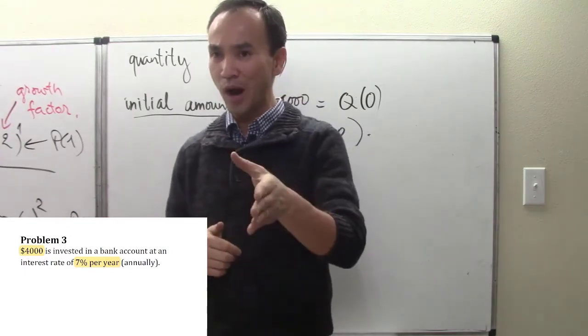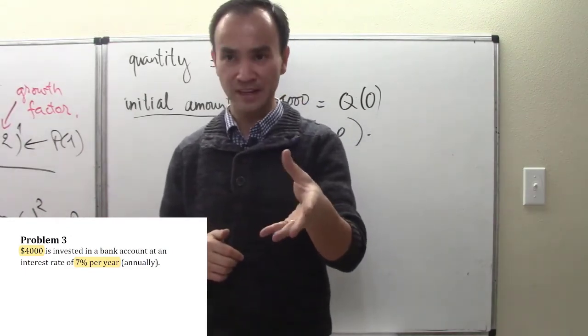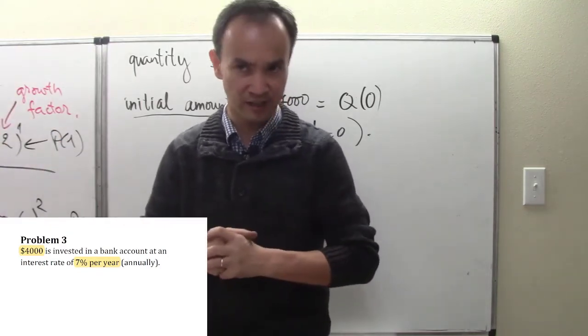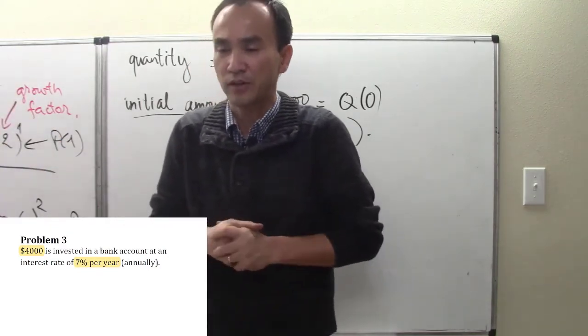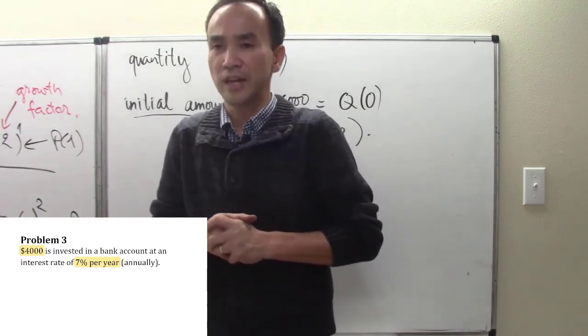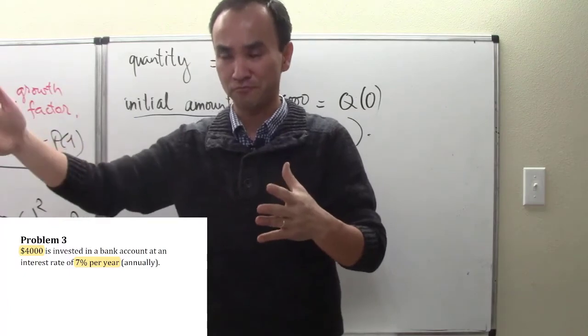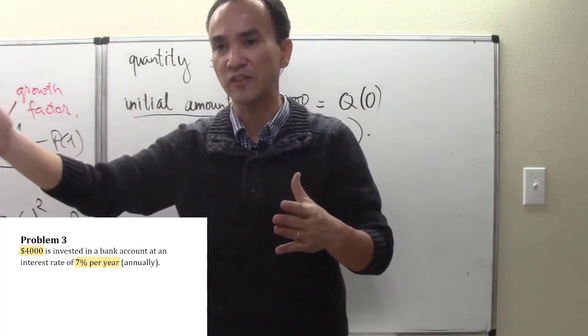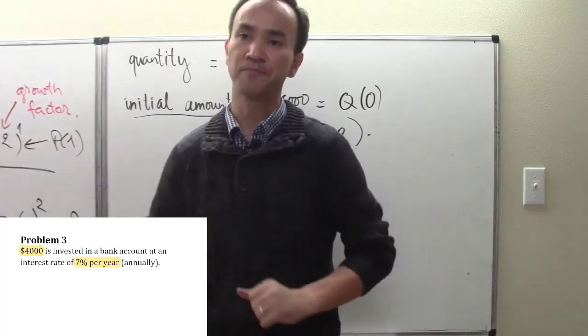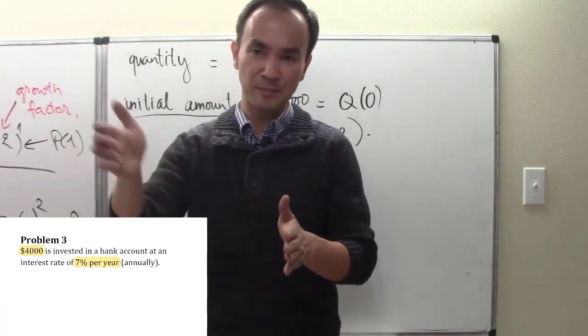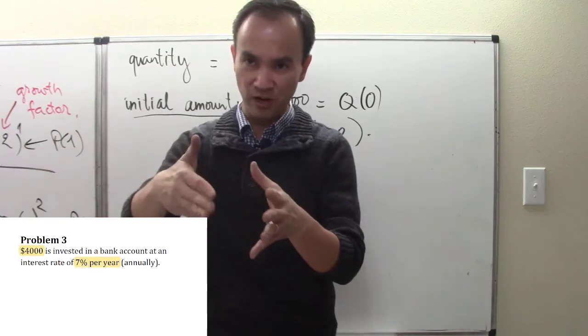So the bank sets a rule that they're only going to pay you 7% on the amount you're bringing in. Our bank has a policy that we're only going to pay you 7% annually. That means next year your money is going to grow by 7% of whatever you brought in today.